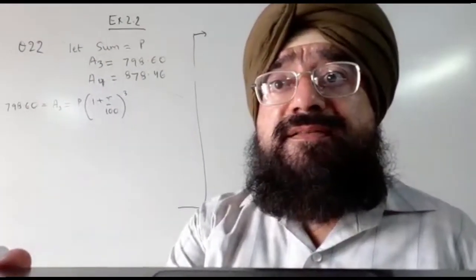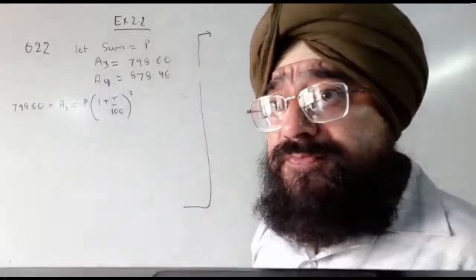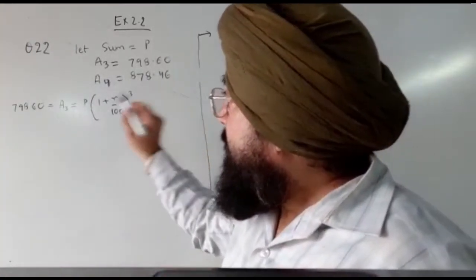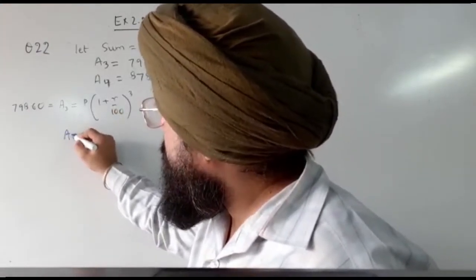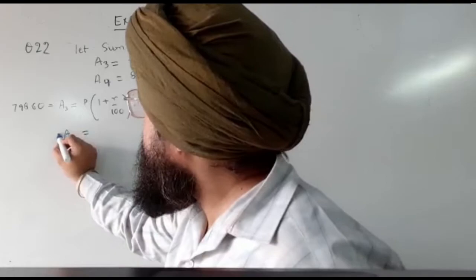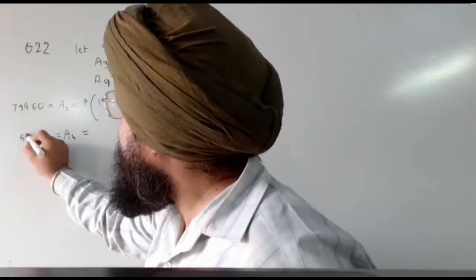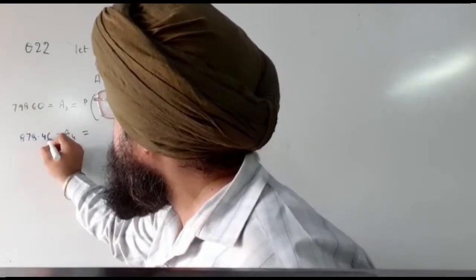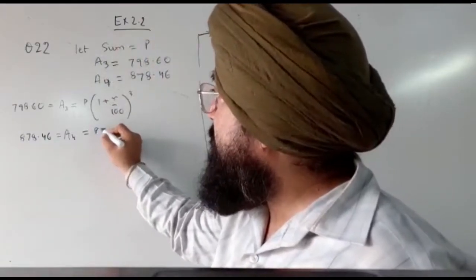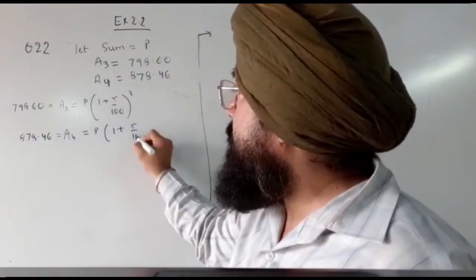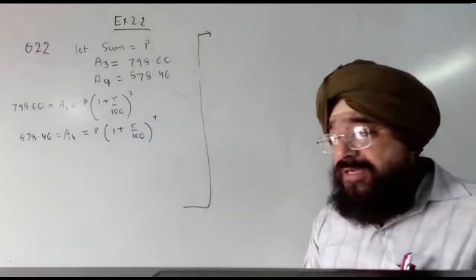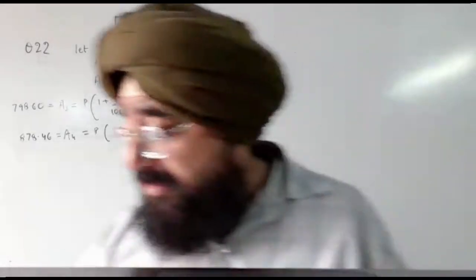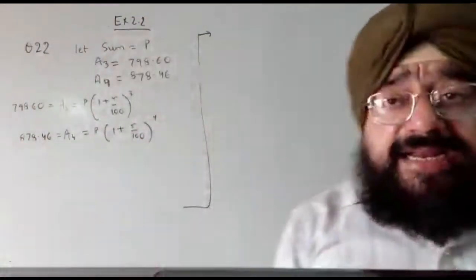I hope this side of the board is visible to you. And likewise, A4. The A4 is given to you as 878.46, but A4 can be written as P in the bracket 1 plus R upon 100 to the power 4. And this becomes very lucrative. If you imagine it this way, it becomes quite handy for you.